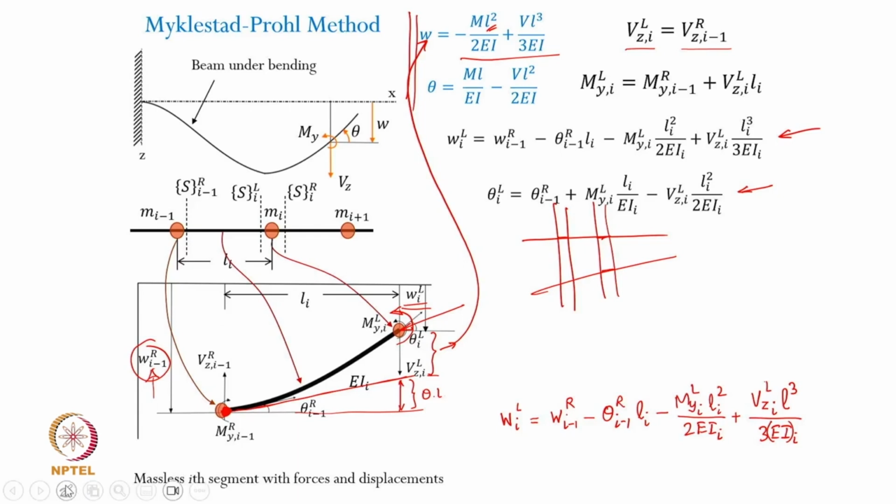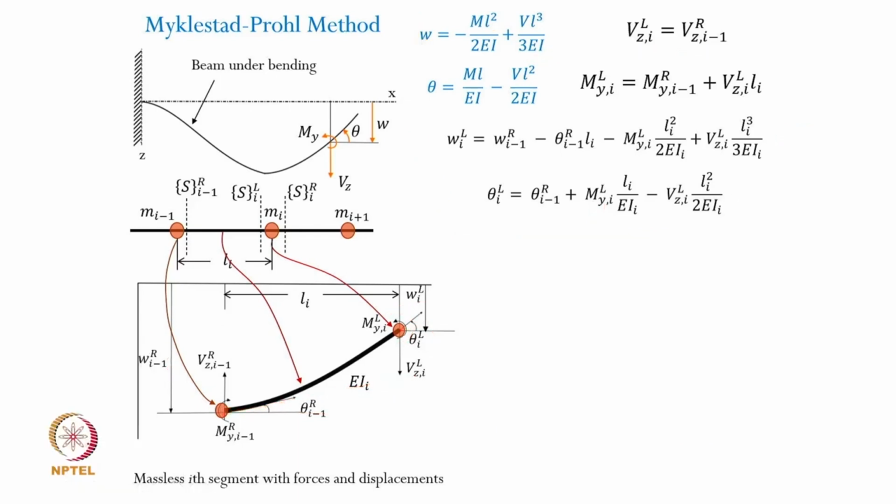So the slope is now the slope at this point, and then that slope will get modified with respect to the slope on the left side of the segment, and using this expression you can add to the slope at this point based on the moments and shear forces which are acting at this location. So exactly the way we modified the deflection, the slope will also be written like this, okay. You can work this out yourself.